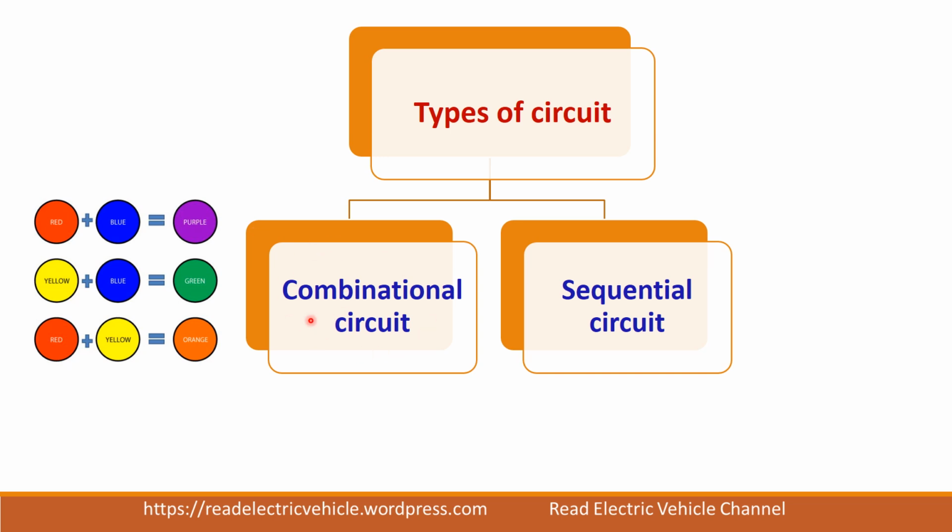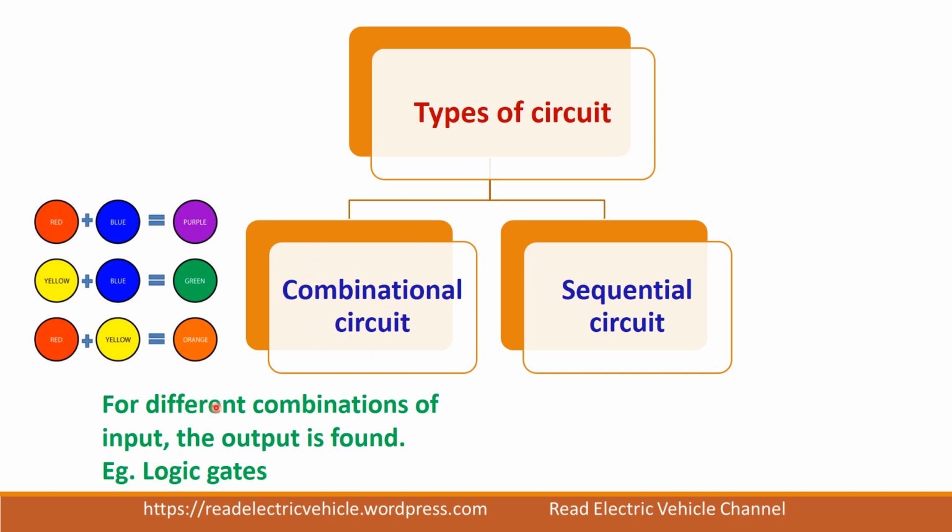So the combinational circuit is like this. For different input combinations, you will get some output. There is no feedback. I keep on changing the input, my output will change. So that is the combinational circuit.